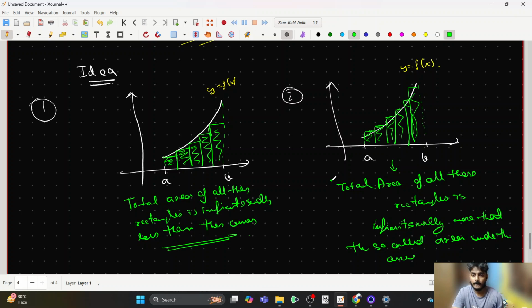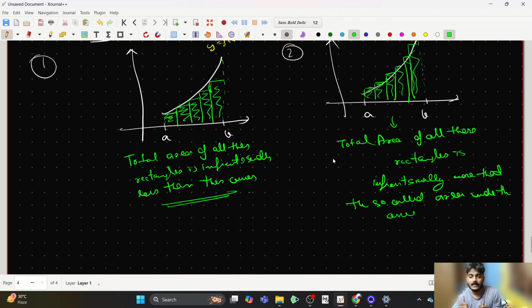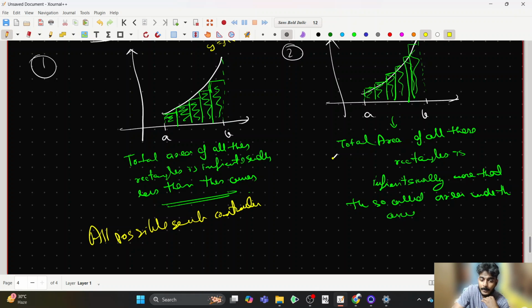Fine. Clear? Now, what I try to do is take all possible such rectangles in either case. So I go for all possible such constructions, that is, breaking down the area under the curve into rectangles which are slightly lesser than the curve given to me.